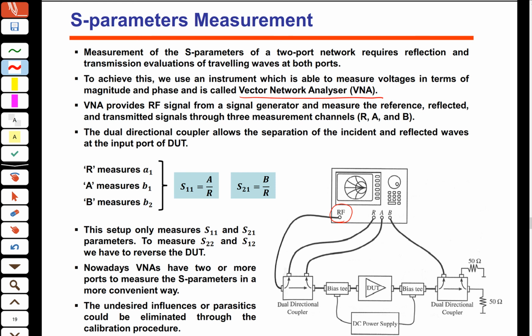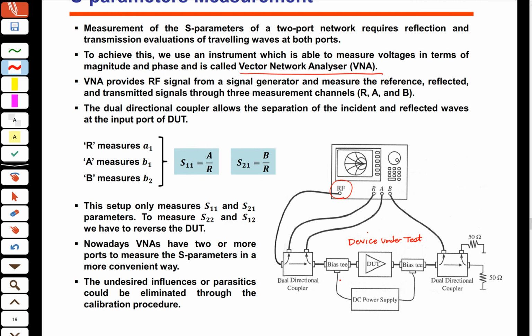Okay. For example, we bias it, we use this bias, we will see this later, what are these bias, and then we use two directional couplers.